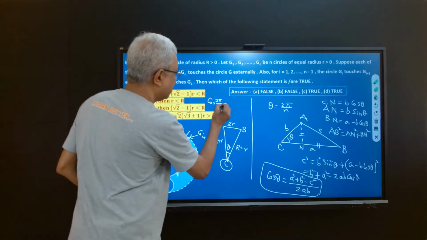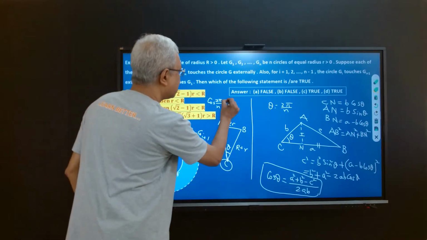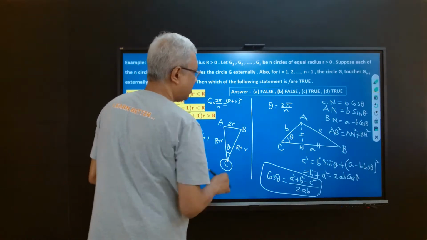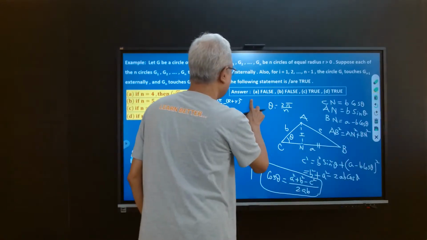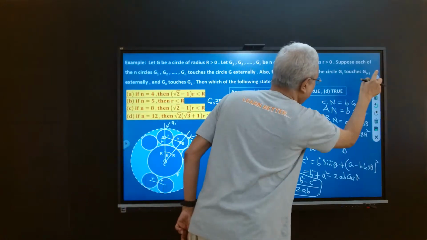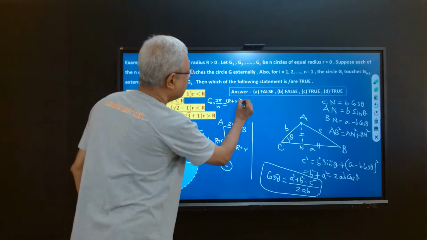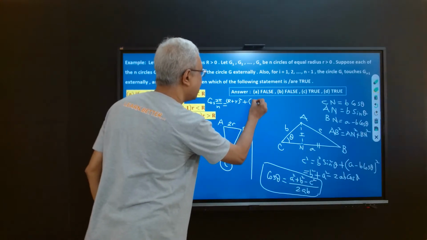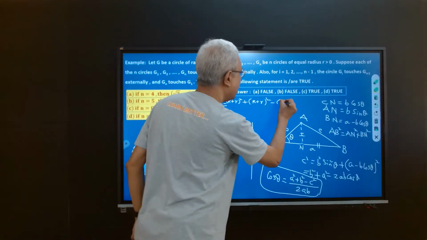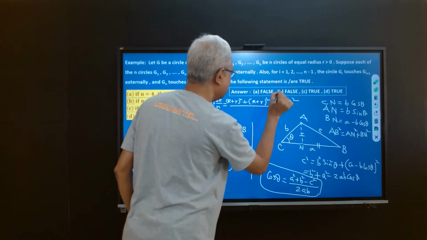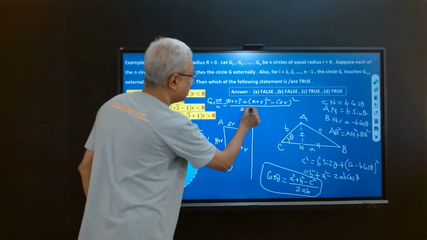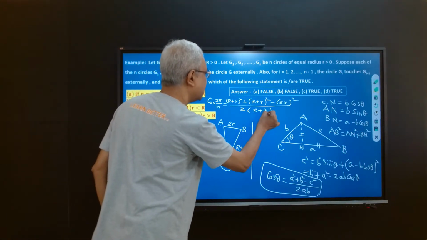So I can write actually R plus r whole square plus R plus r whole square minus 2R whole square divided by 2 into R plus r into R plus r, which is actually R plus r whole square.